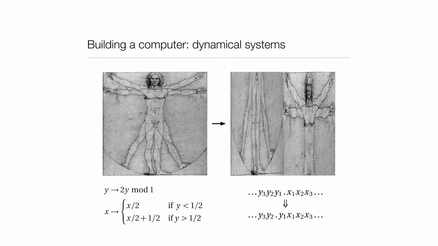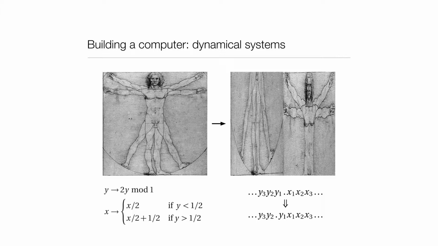Well, we add a half to x, putting a 1 here, if y was bigger than a half. But y being bigger than a half is the same as the halves digit of y being 1. So this entire operation consists of shifting over the decimal point, taking the halves digit of y and moving it into the halves digit of x.